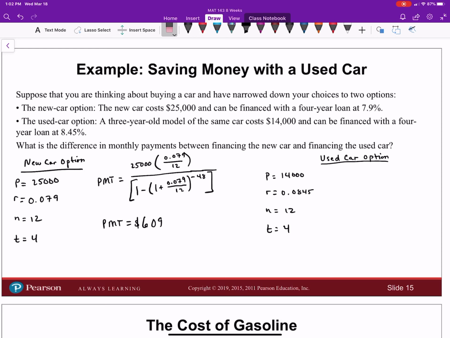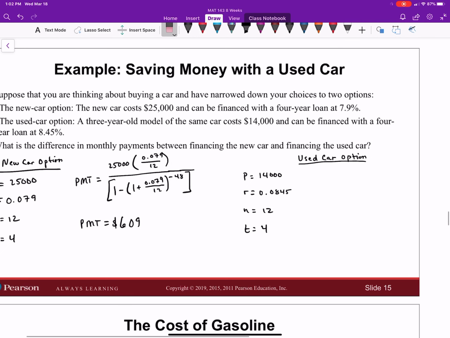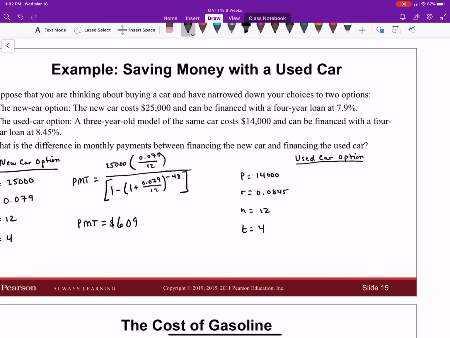So when we write this, we got PMT is equal to our 14,000 times the 0.0845 over the 12, all over our 1 minus, parentheses 1 plus 0.0845, all over 12, raised to the negative nt, which would be negative 48.